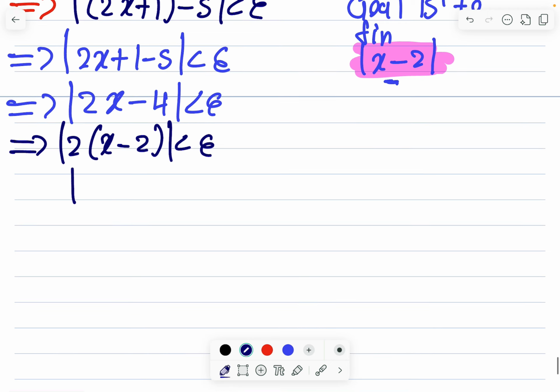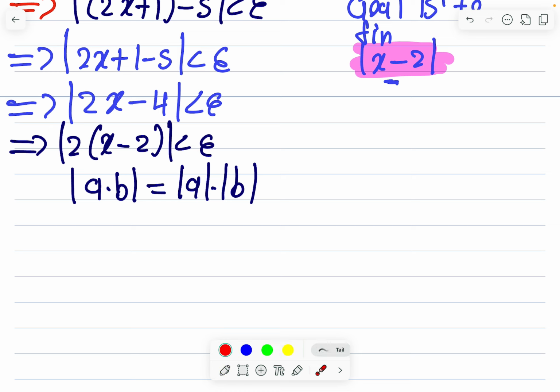Bear in mind that the absolute value of A multiplied by B equals the absolute value of A multiplied by the absolute value of B. We are going to apply that here. This is our A, this is our B, and this is our multiplication.